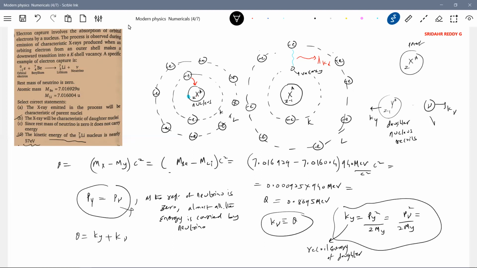And moreover, it will not interact with the matter. This will have a slight recoil. I think that is not possible. He has given the option, but we cannot determine recoil energy of the daughter.